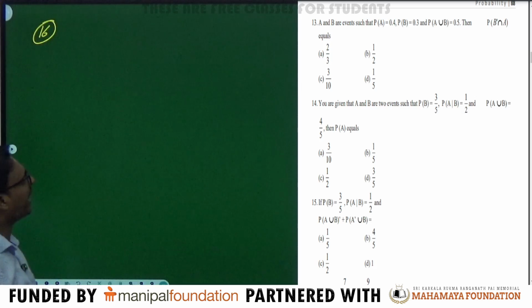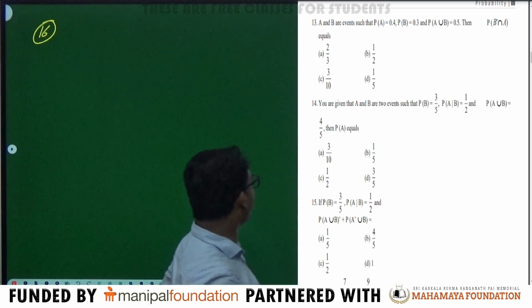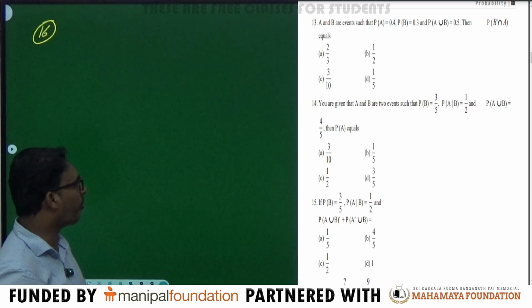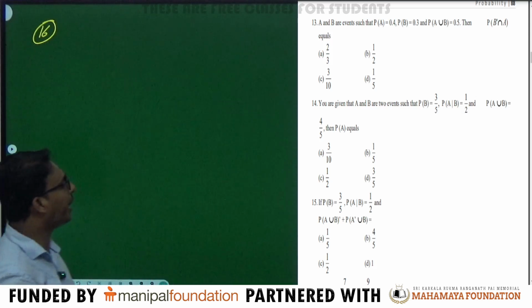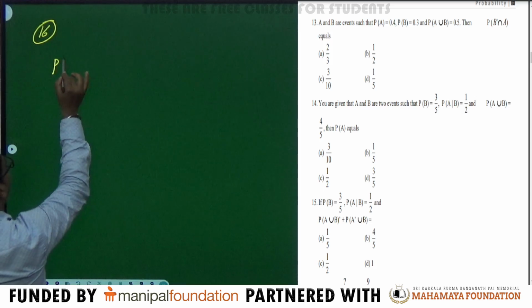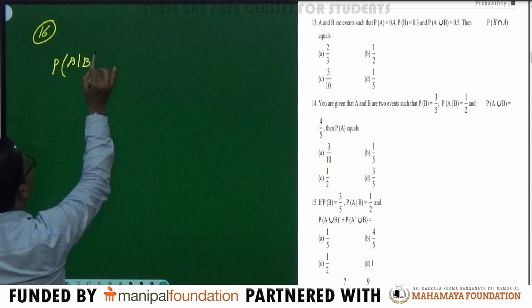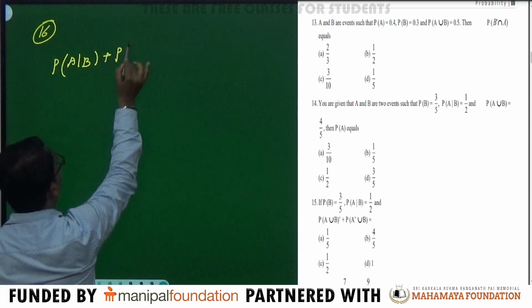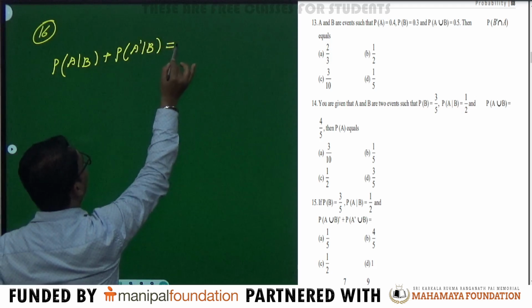Question number 16 is exactly similar to question number 13. They have given the P of A value, P of B and P of A intersection B. We need to find probability of A dash bar B. So we know that probability of A bar B plus probability of A dash bar B is always equal to 1.